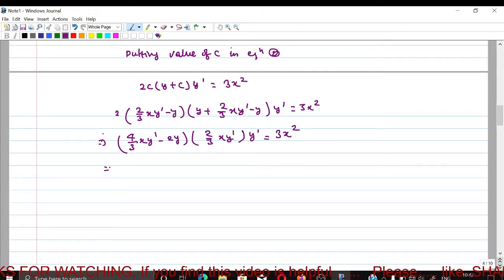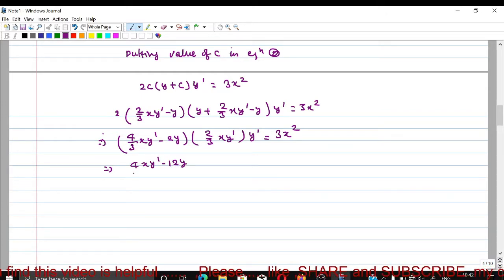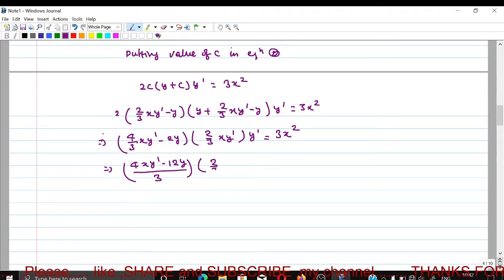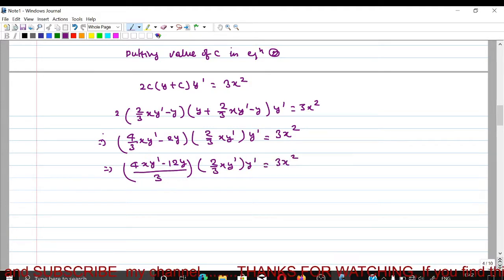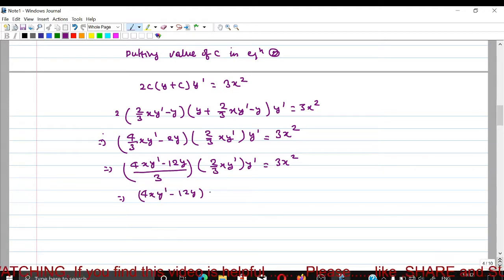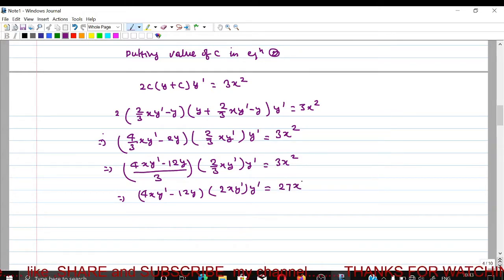Just take the LCM: 4x y dash minus 12y upon 3 into 2 by 3 x y dash y dash equal to 3x square. So 3 into 3 is equal to 9. So 4x y dash minus 12y, 2x y dash, y dash equal to 27x square.